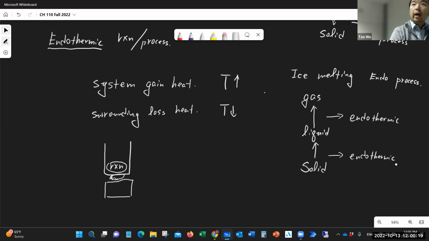The rest is all surroundings. This is an endothermic reaction, which means the reaction is absorbing heat, making the surroundings a lower temperature, including the water. The water is also surroundings, so the water has a lower temperature, below the freezing point.